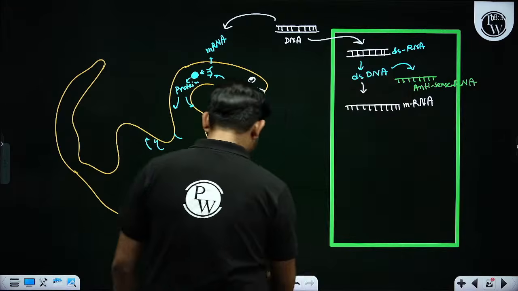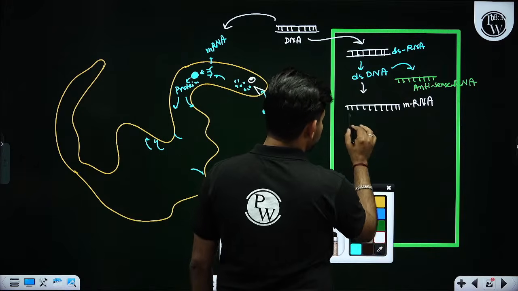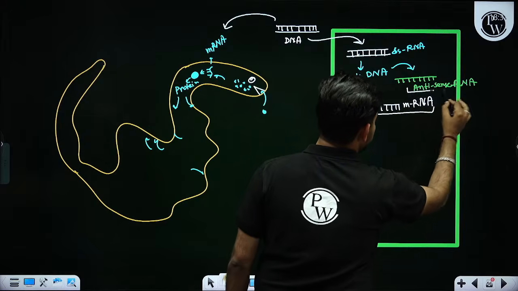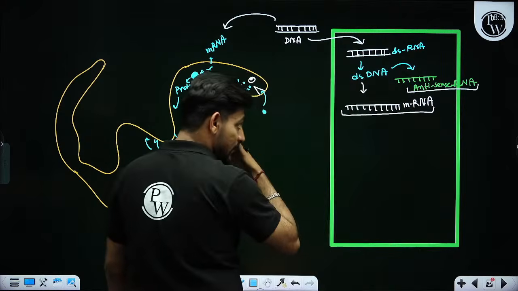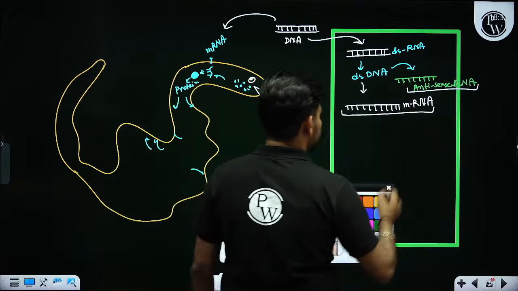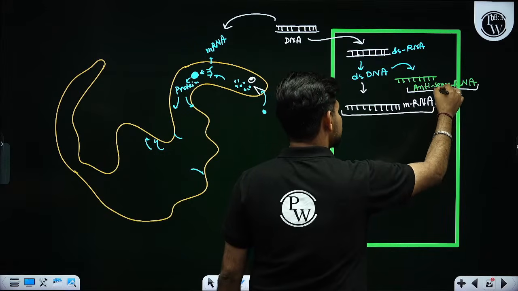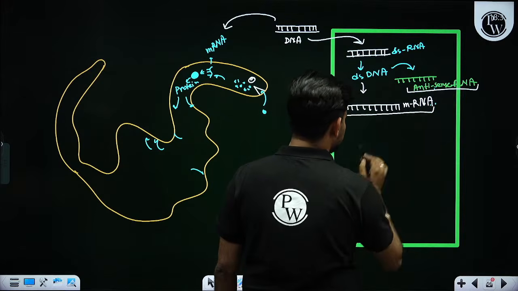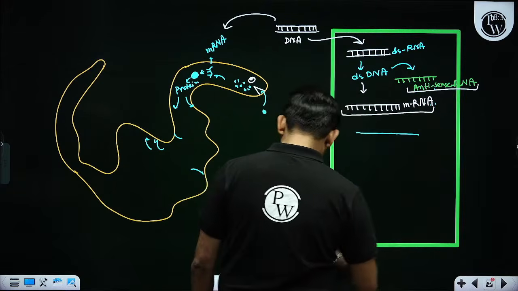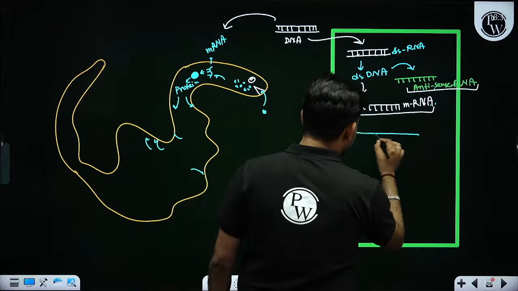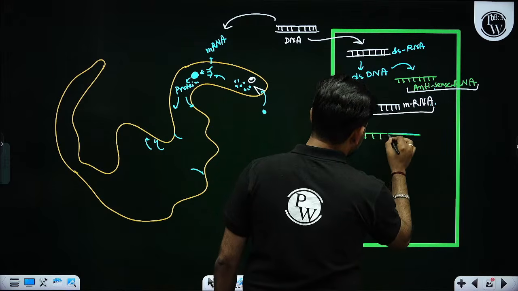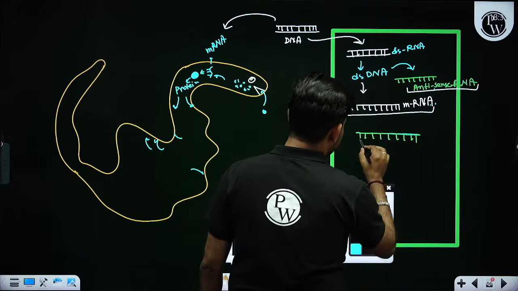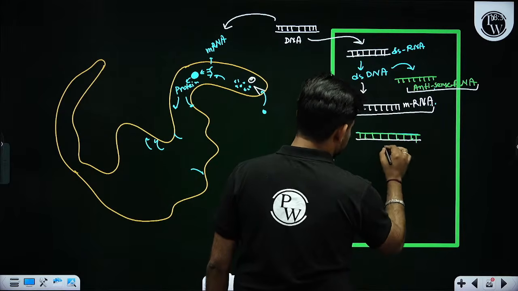So inside the cell, two forms of RNAs are produced, normal mRNA and antisense RNA. Means sense RNA and antisense RNA are complementary to each other, so they will bind to form a double stranded RNA molecule.